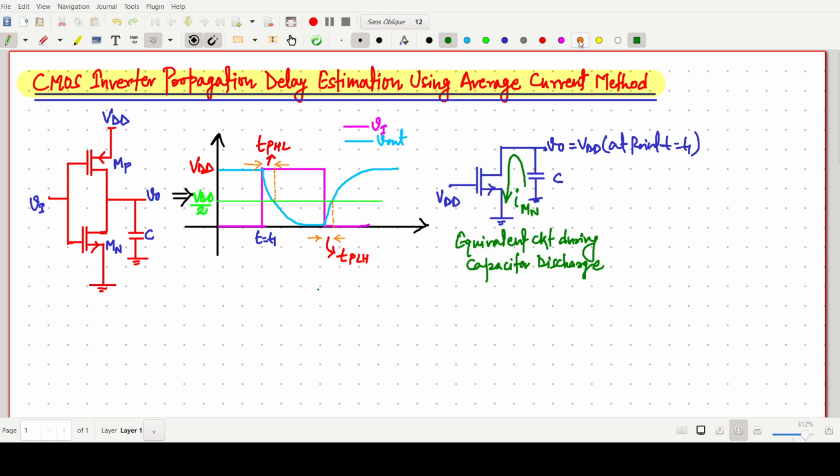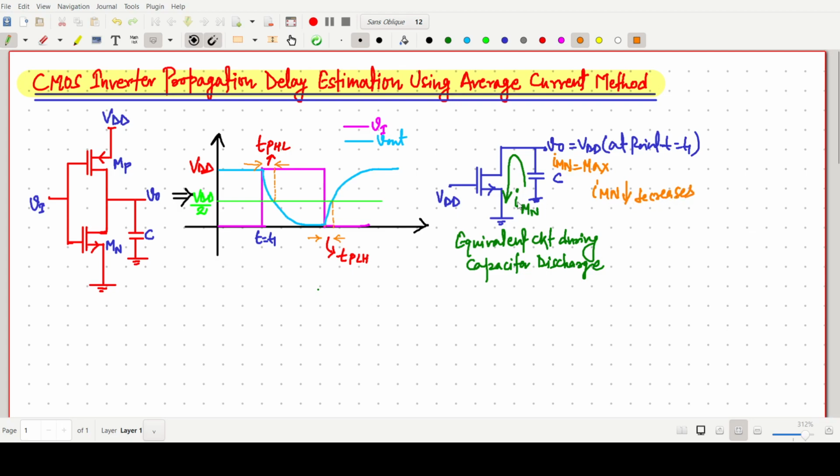One more thing is very important. If we draw how the current changes, initially IMN will be maximum. After that, when it starts discharging, the IMN value will go down, that is, it decreases.